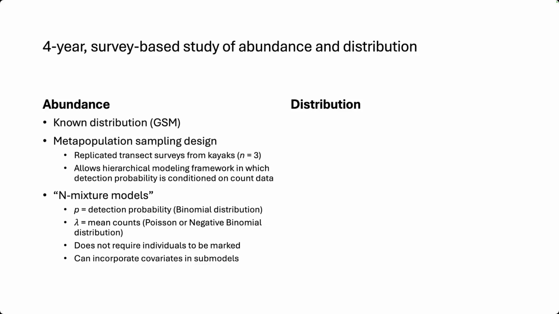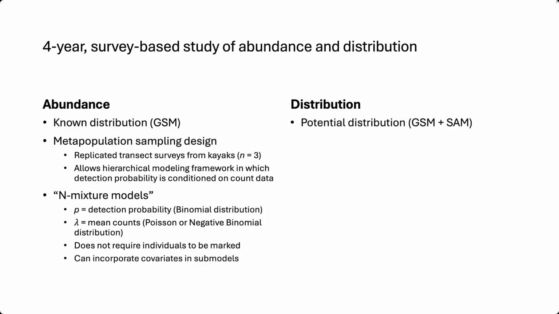And in addition, like any other modeling approach, we can incorporate covariates in each of these submodels, both the detection and the abundance submodel, so that we can evaluate, for example, habitat characteristics that might explain heterogeneity in our count data, or also heterogeneity in our detection data. That makes them extremely useful.